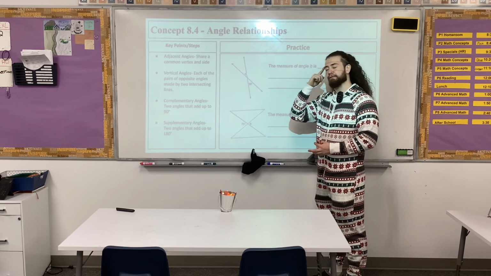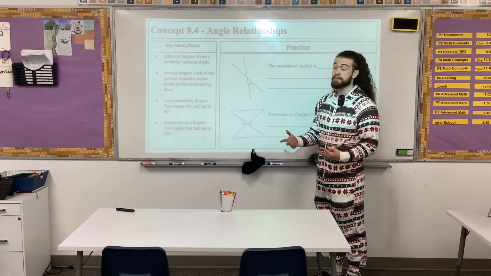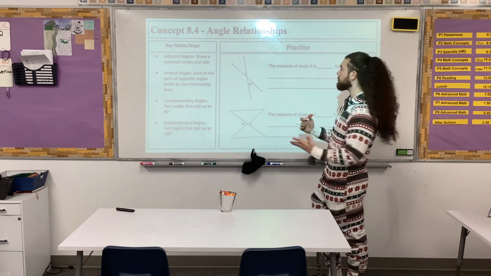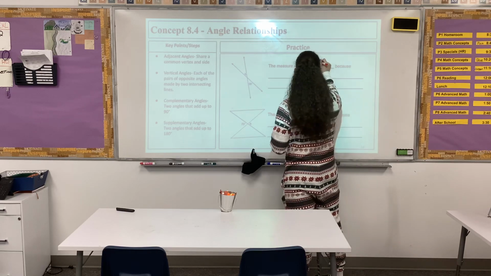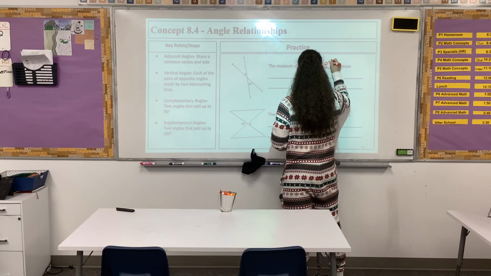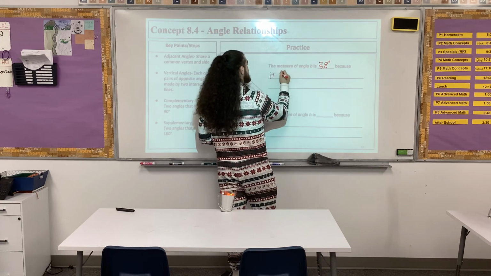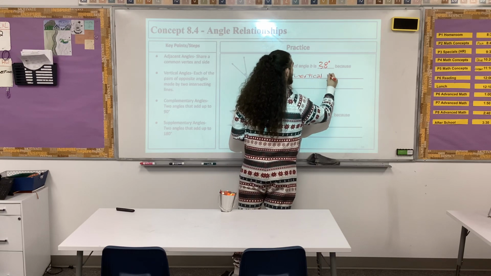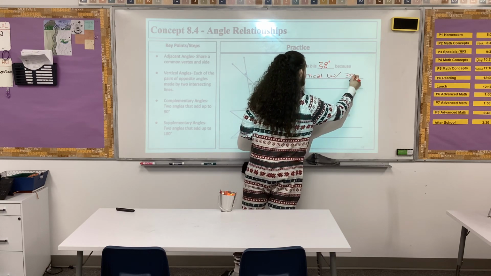Vertical angles are equivalent, so both of these are 38 degrees. The measure of angle B is 38 degrees because it is vertical with 38 degrees.